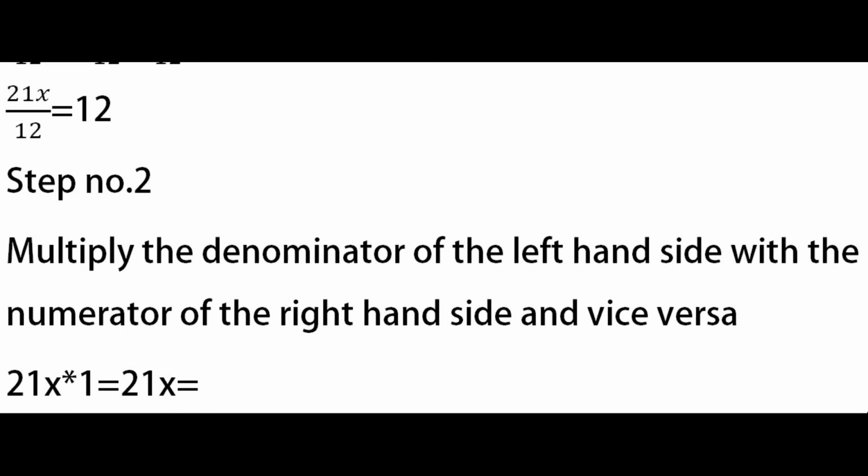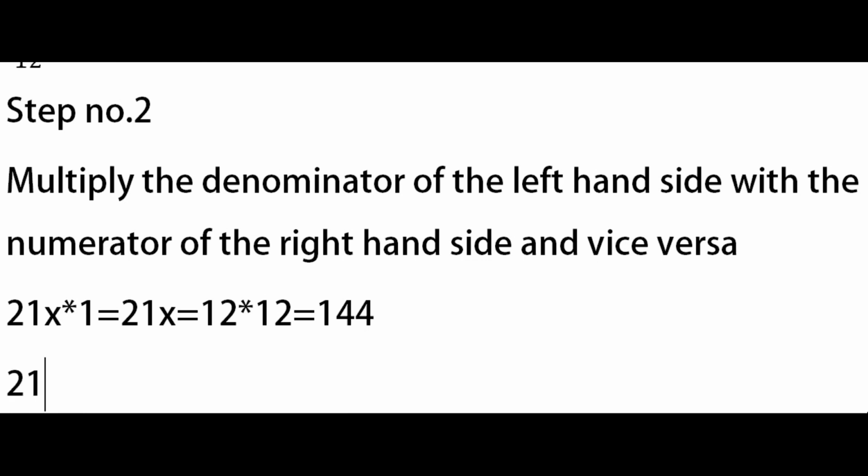So the denominator is to be multiplied with the numerator of the other side. So 12 into 12, that is equal to 144. So I have got 21x equal to 144.